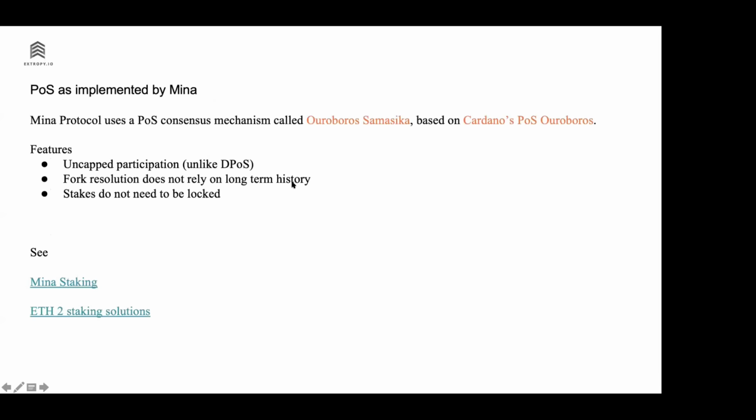One example of this is the Mina protocol that we'll talk about when we talk about zero-knowledge proofs. This is a really interesting blockchain. It uses proof of stake, and it's based on the Ouroboros consensus mechanism, which came from Cardano, to pick a block producer.